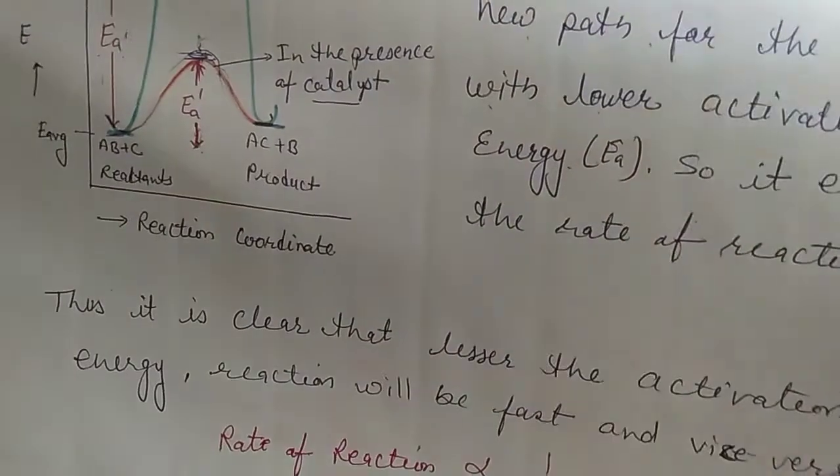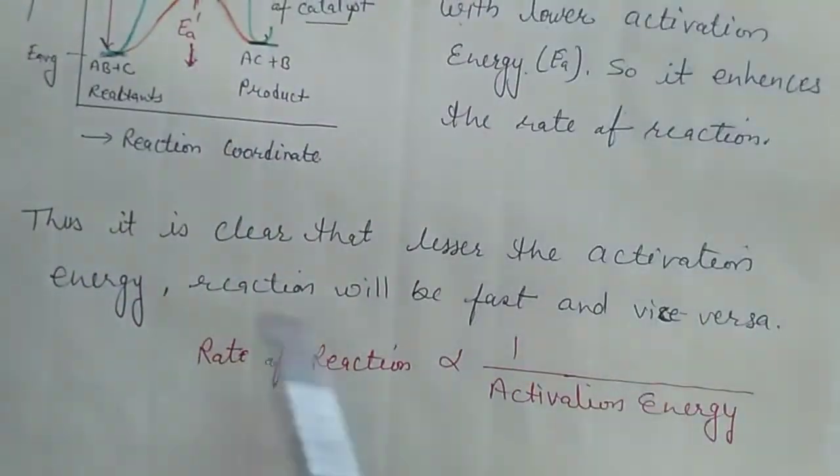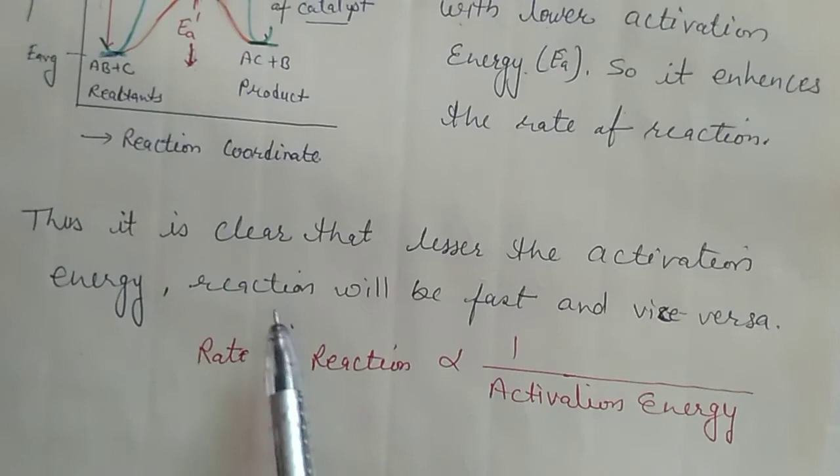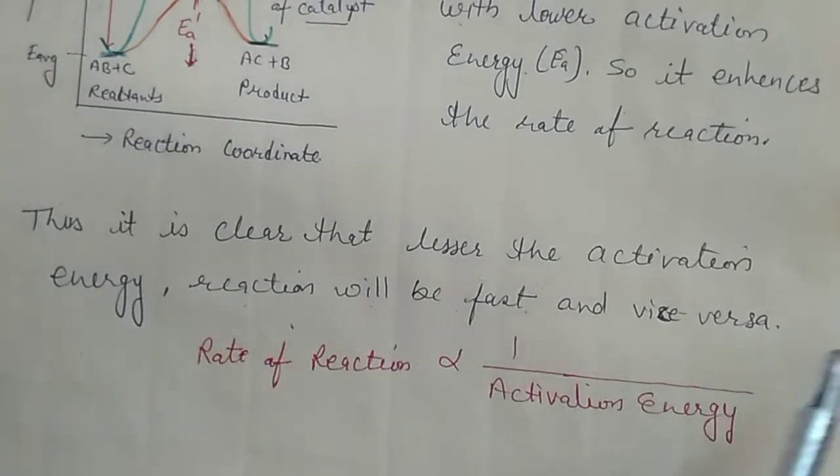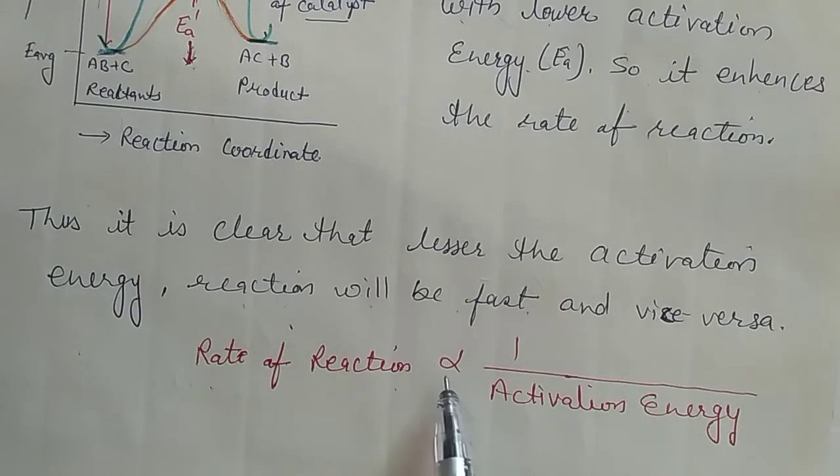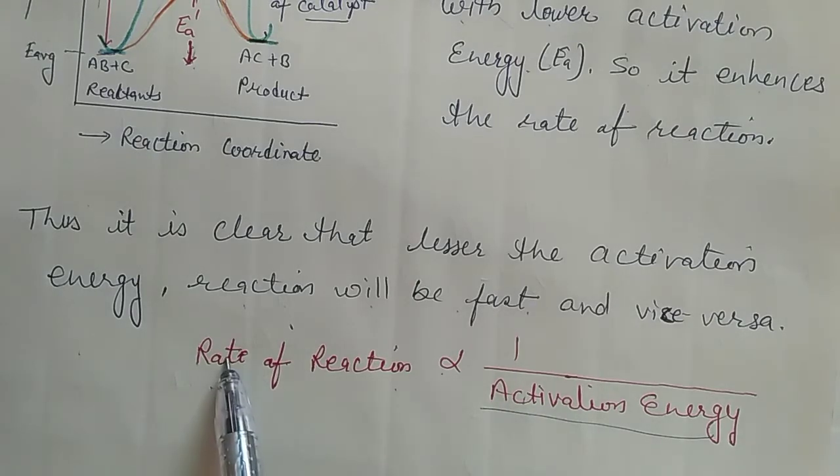We can say that the lesser the activation energy of a reaction, the faster the reaction, and vice versa. The rate of reaction is inversely proportional to activation energy. If activation energy is more, the rate of reaction is less, and if activation energy is less, the rate of reaction is more.